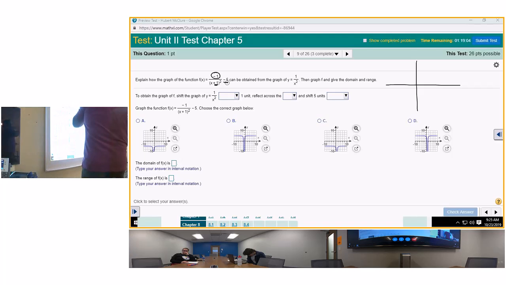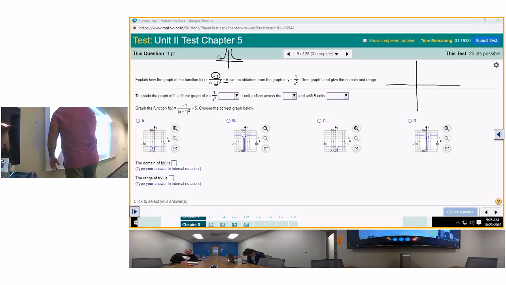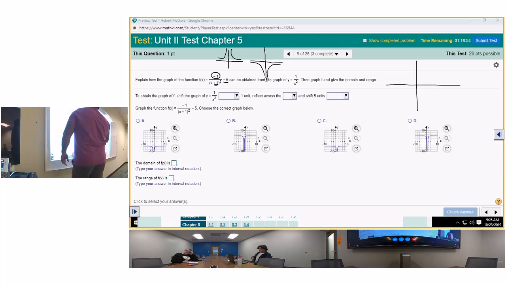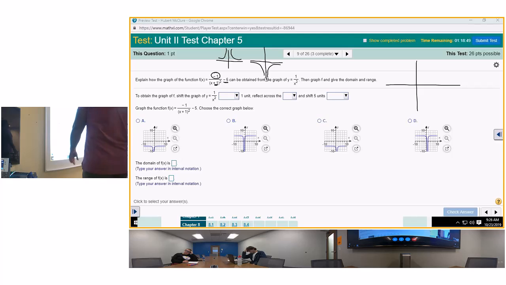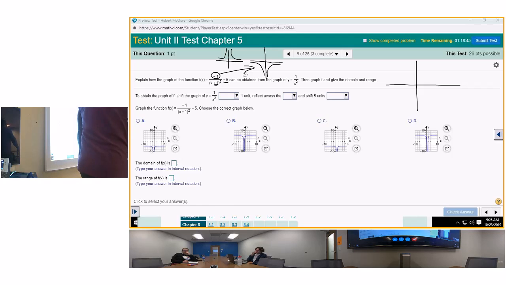So we know that, because of the negative, instead of the parent graph looking like this, we don't have a volcano. We've got a vortex. Or for some of y'all that don't know what a vortex is, a funnel. So that negative tells us it's a funnel. Then the vertical shift and horizontal shift, negative 1, negative 5.